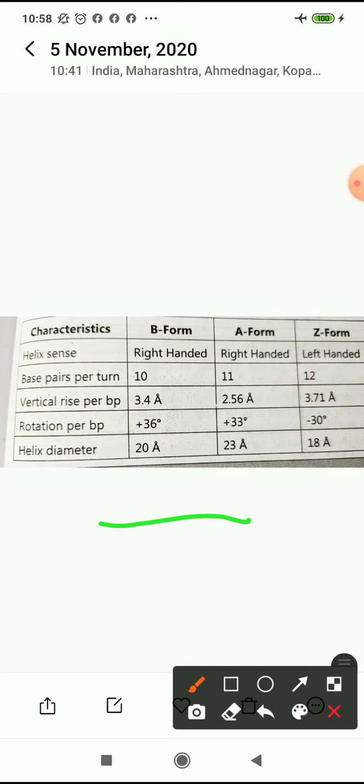A form of DNA is observed under 75% relative humidity and presence of sodium, potassium or cesium ions. Z form is observed when very high ionic strength of solution is there.